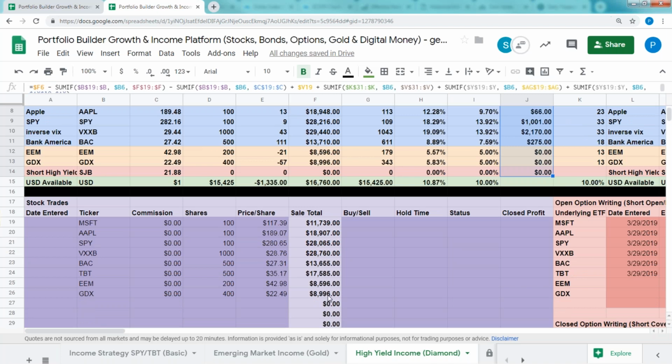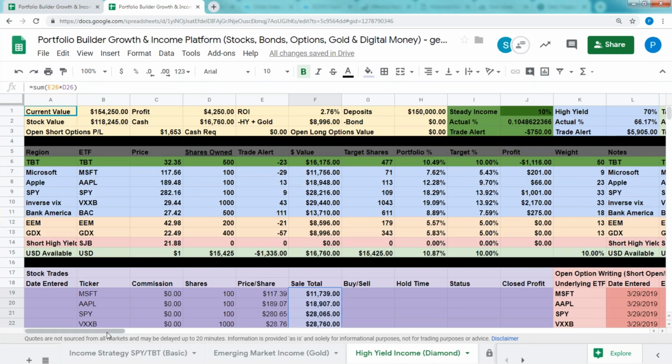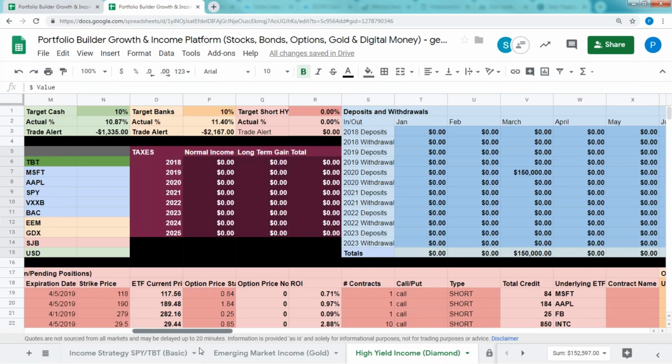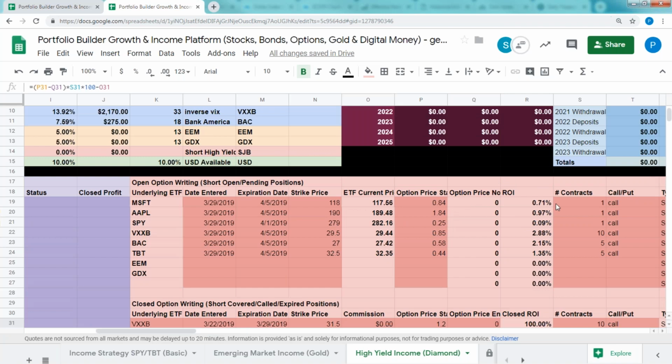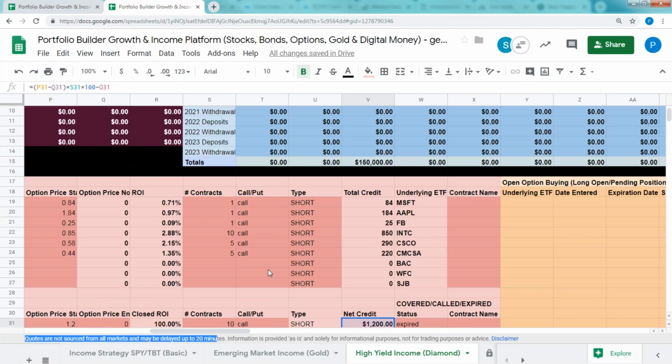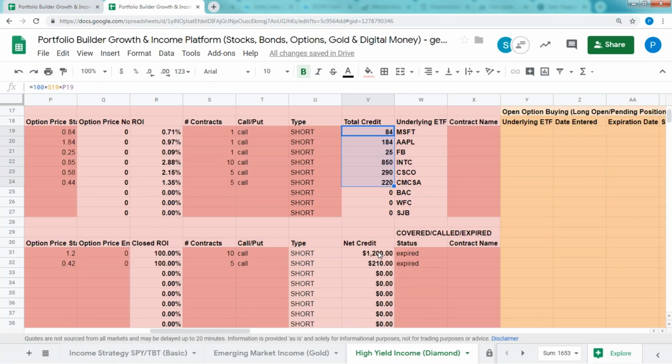But we can look at the underlying sale total. Then we can look at the current value of our assets. And then we can look at our total credits received. And that's how it's calculating our profits. So we have credits that we're totaling right here. We have these two credits.